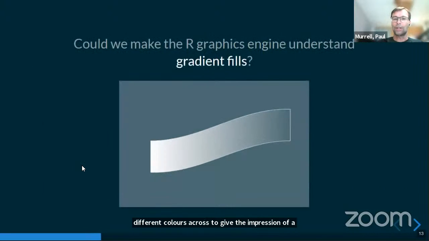So wouldn't it be nice if the Riverplot package didn't have to work so hard and it could actually just say to the graphics engine, please can you give me a gradient fill that varies smoothly, and I'll just give it the start color, the end color, and the graphics engine will do the right thing.